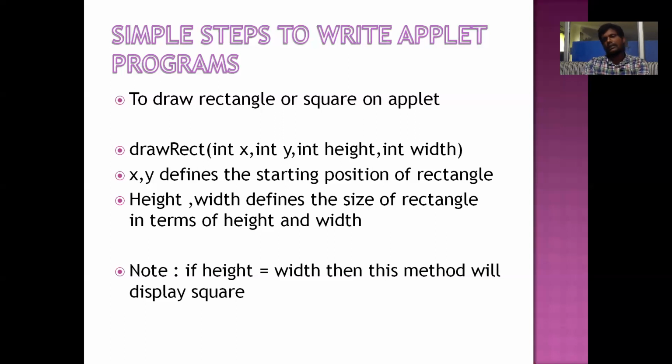Similarly here, if we pass the same values for height and width, a square will be drawn on the output screen, and if we pass different values, it will display a rectangle. So this is how we can draw a rectangle or square on the applet.